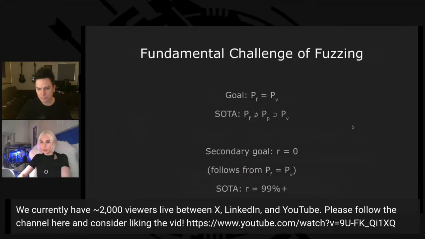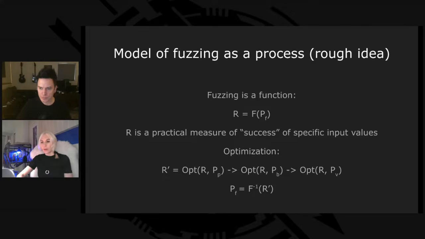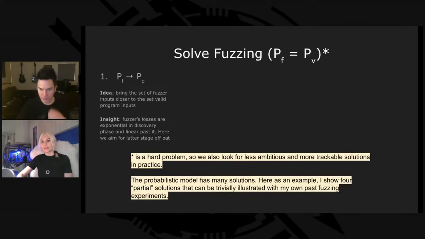So the meaning of the model that I show here is to guide fuzzing improvements, to guide our thinking and eventually to guide development of new techniques, be it on the low level or on the high level. On the high level, there are different ways we can use this model to actually make fuzzing better.